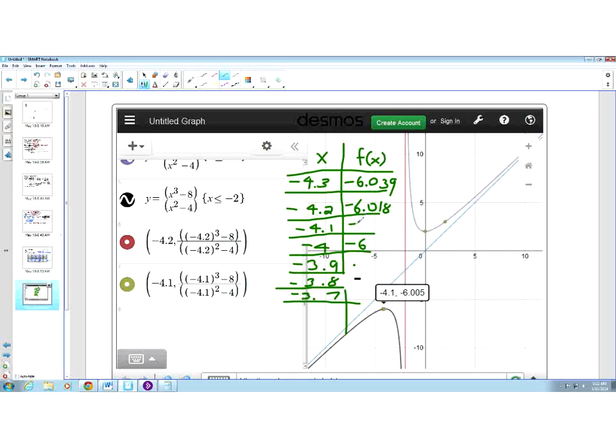So that would be minus 6.005. Now, if the function output at negative 3.9 is less than minus 6, then we're done. Or we're pretty close to the maximal value.